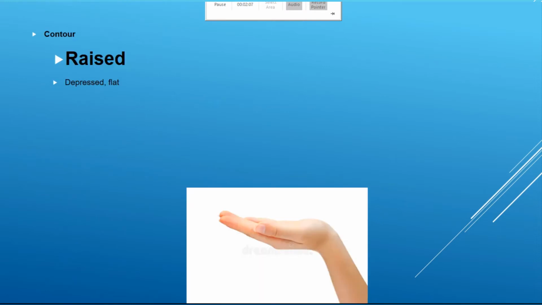So today we're just going to focus on contour and specifically just raised lesions. When you have a raised lesion, I like to think about it like this. Let's say that you have your hand held out and you're looking to get paid, right? So we have a dollar bill that's laid in our hand.